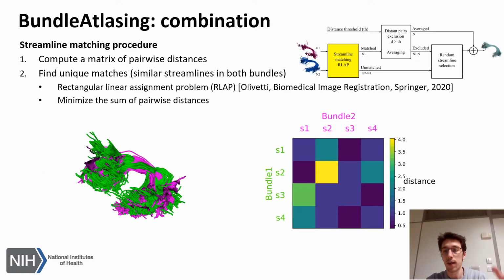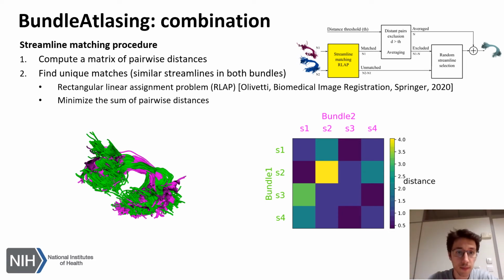In the first one, we have both bundles already overlapping, and what we do here is we apply a streamline matching procedure that aims to find unique correspondences between streamlines in both bundles. So we are trying to find matches, or let's say find pairs of streamlines that are very similar between both bundles so that we can average them, right?